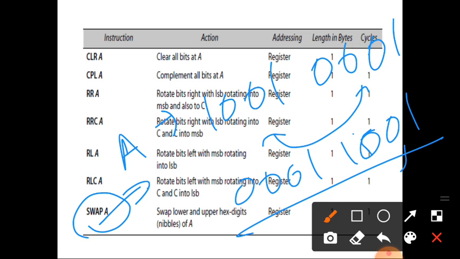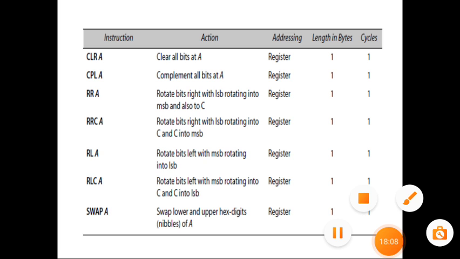So it swaps the upper and lower nibbles. So these are the logical instructions. Thank you.